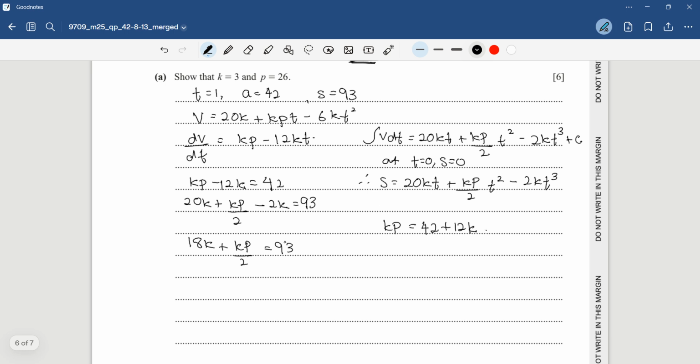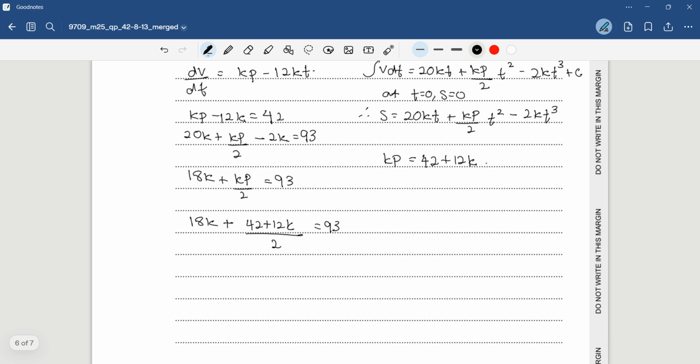So I substitute here: 18k plus (42 plus 12k) over 2 equal to 93. So it will be 18k plus 21 plus 6k equal to 93.